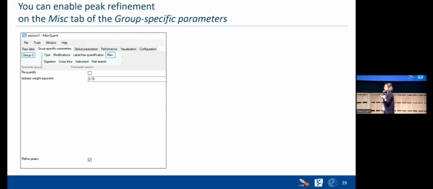How you can enable the peak refinement, the one that I was referring to in the beginning, you need to go to the miscellaneous tab on the group specific parameters, and then here is the refine peak. So this is by default not selected, because it's more optimized for crosslinking studies. So if you study crosslinking, please enable this function.